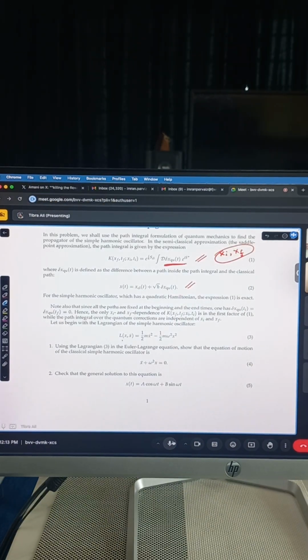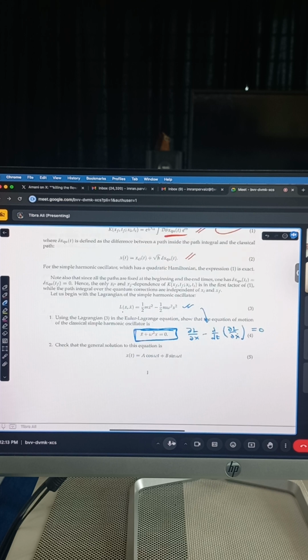The Euler-Lagrange equation is ∂L/∂x minus d/dt of ∂L/∂ẋ equals 0. You use this to find the equation of motion, which of course is the equation of motion of the harmonic oscillator that you know from Newton's law as well. Then verify that the most general solution is a superposition of sine wave and cosine wave, where A and B are integration constants.